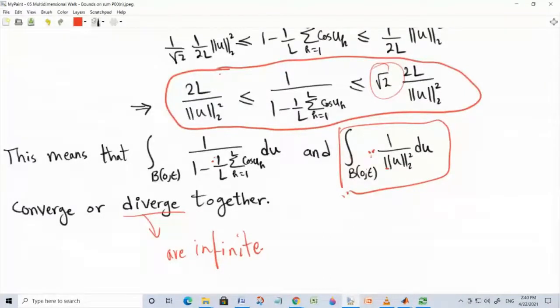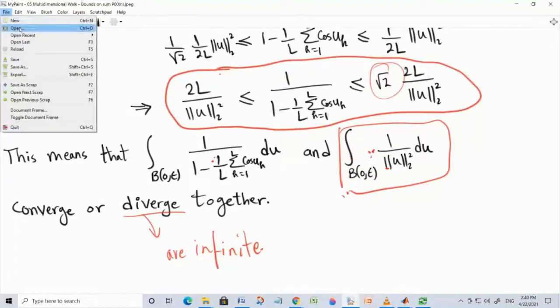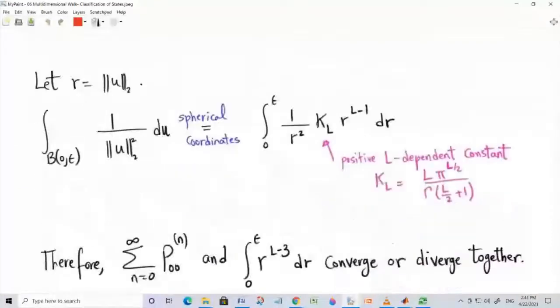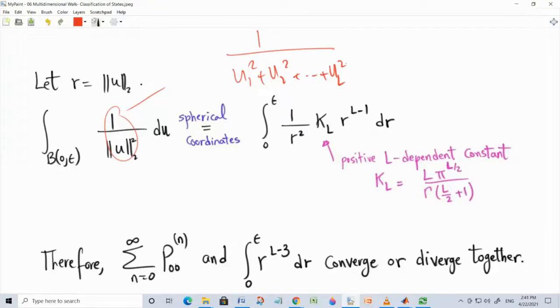Spherical coordinates give you the result in a straightforward way. So we will take that integral and do a change of variables, and because of the symmetry, we are integrating something like 1 over u1 squared plus u2 squared up to ul squared. We have something here that only depends on the L2 norm of u, and does not depend on direction or anything.